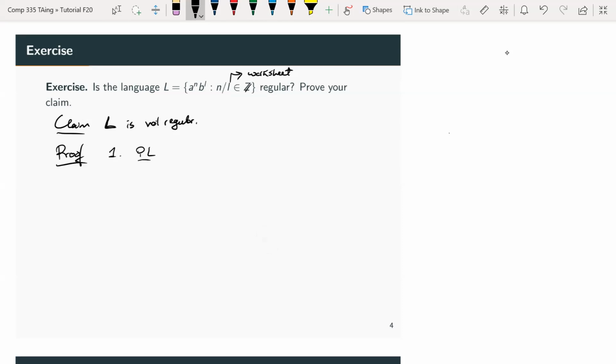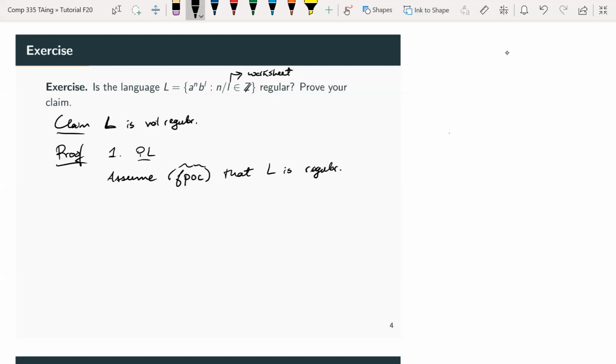Well, let's assume for the purpose of contradiction, so this is what that stands for. I'm just using it because it takes long to write. So assume for the purpose of deriving a contradiction that L is regular.